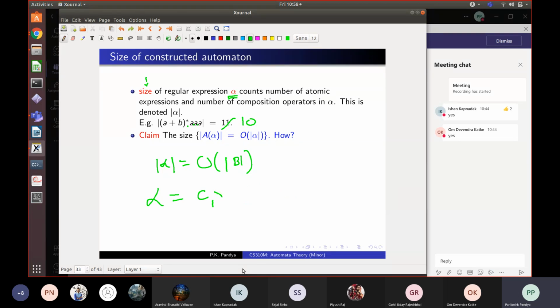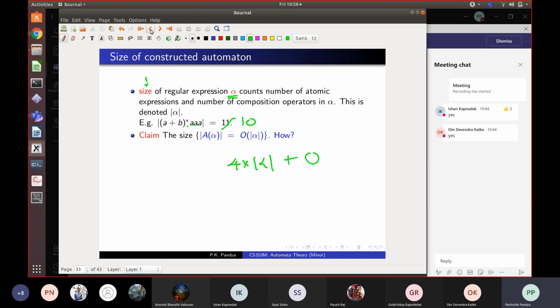And what we claim here is that the size of the constructed automaton is roughly some constant times the size of alpha. In fact, this constant should be specified by the method. In our case it will be something like 4 times the size of alpha, and maybe there will be some fixed constant, which is 0 in our case, right? So it will be 4 times the size of alpha.